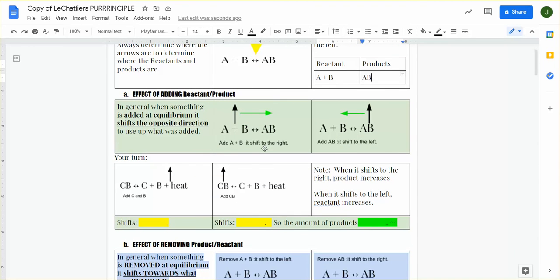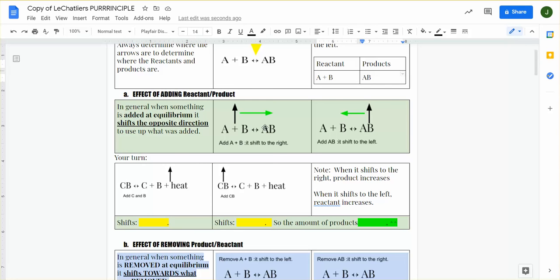Now, when it comes to Le Chatelier's principle, remember, anything at equilibrium, you add some kind of stress to it, the system itself will naturally try to alleviate that stress by shifting the reaction one way or another. Now remember, in reactions, they're constantly happening.